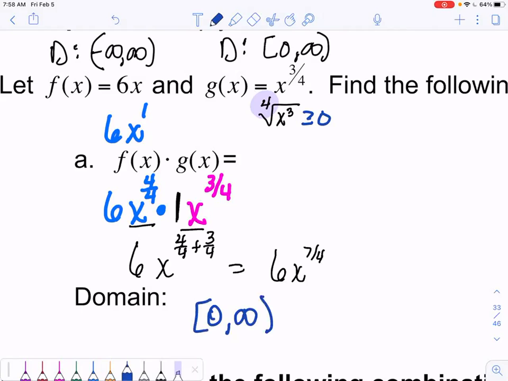It's the overlap of the domains. My g of x function can't be a negative number. So that means when I combine them together, I still can't have a negative number because this has an exponent of 7/4, or it's a 4th root of x. So look at your two domains and figure out where that overlapping would occur. So it has to start at 0 and go to infinity.